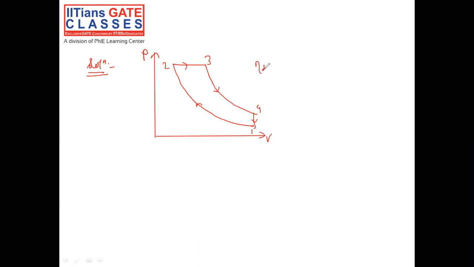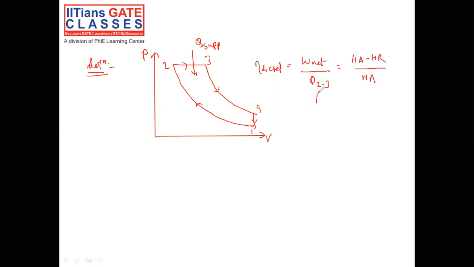Now we know that diesel efficiency is work net divided by heat supplied, that is 2 to 3, the heat supplied. Now work net we can write as heat addition minus heat rejection, divided by heat addition.